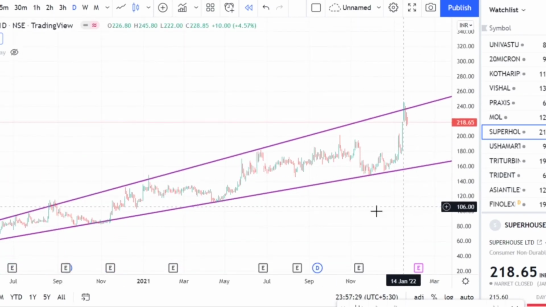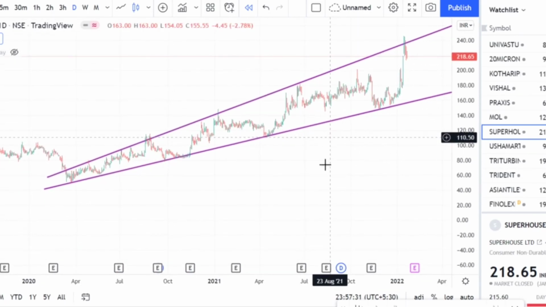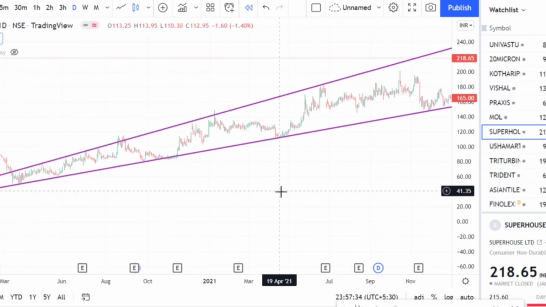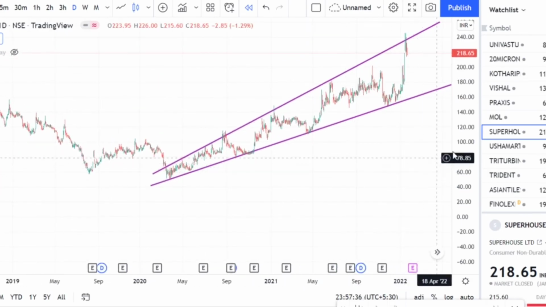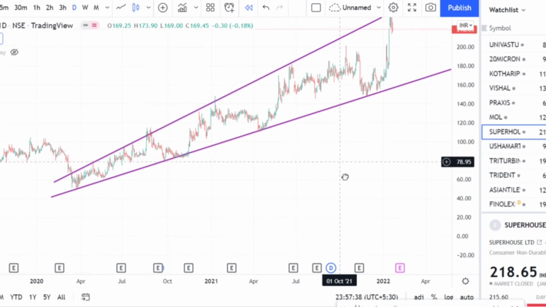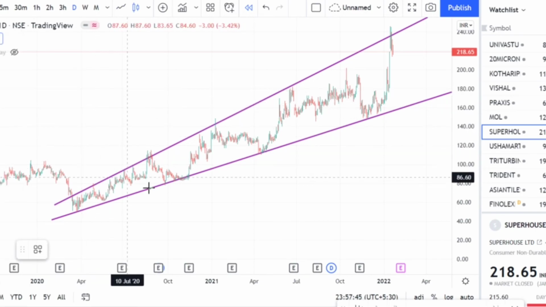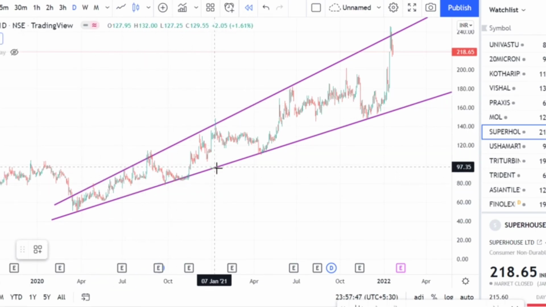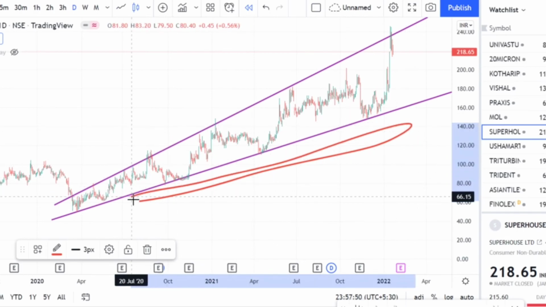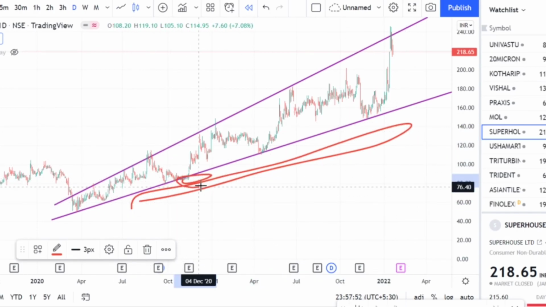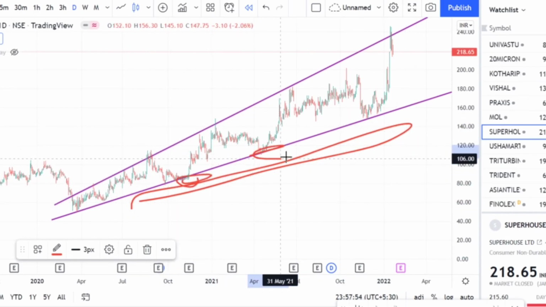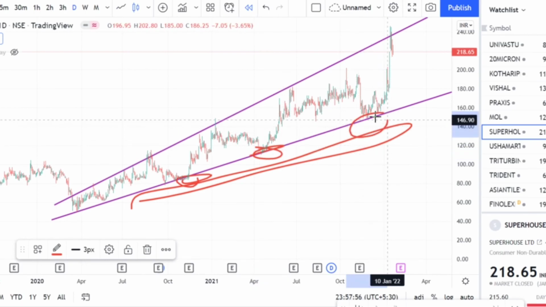Okay, and that's how an expansion channel pattern looks like, right, guys? I'll show you. This is how an expansion channel pattern looks like. You could have entered whenever the price gets in contact with this support line, right? You could have entered here, you could have entered over here, right?